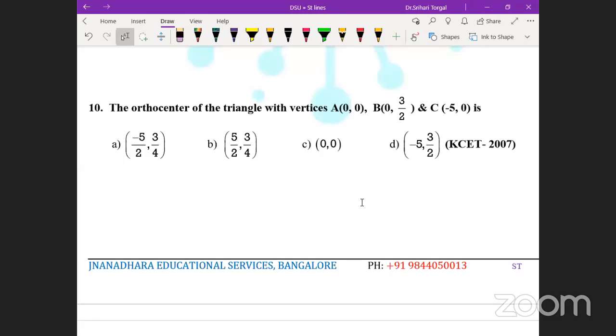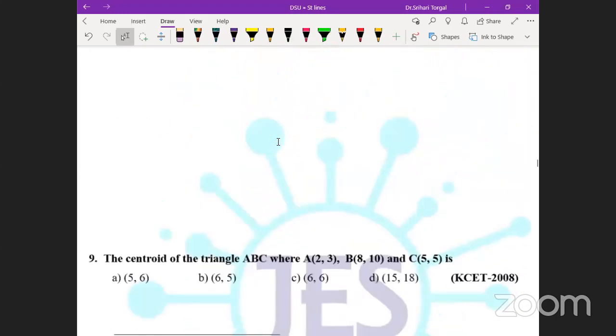Yes, very good. 0, 0 cancelled, and this 0 and this 0 cancelled. Okay, right. Let me move on to the next problem.